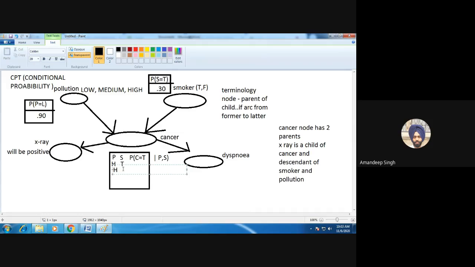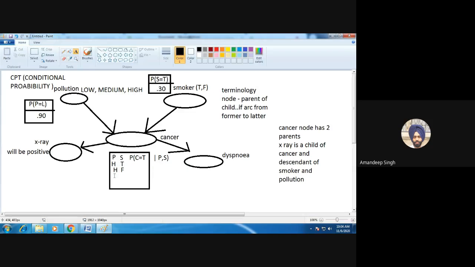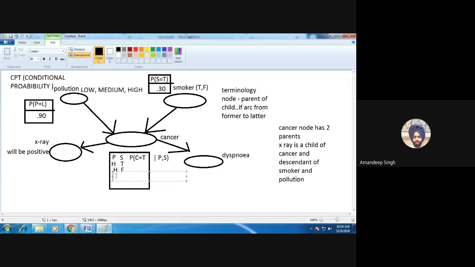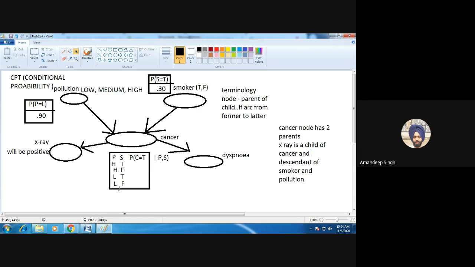Again, this pollution node can be high and smoking is false. Again, if the pollution node is low and smoking is true. And again here, if the pollution is low and the smoking is false.